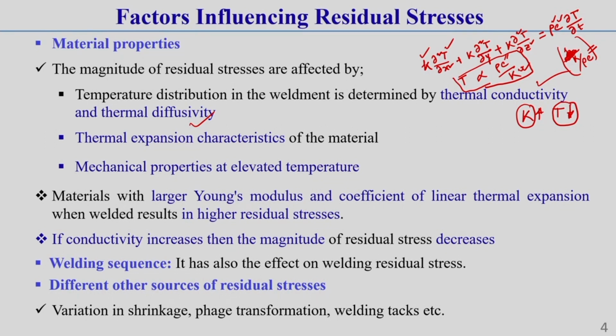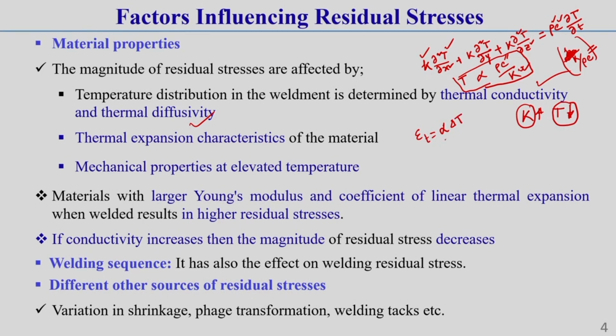Now, it also depends on thermal expansion characteristics of the material. In the sense that a material has some thermal expansion coefficient. If a material has a higher thermal expansion coefficient, then we know the thermal strain epsilon T depends on the thermal expansion coefficient alpha times the temperature difference delta T, correct.